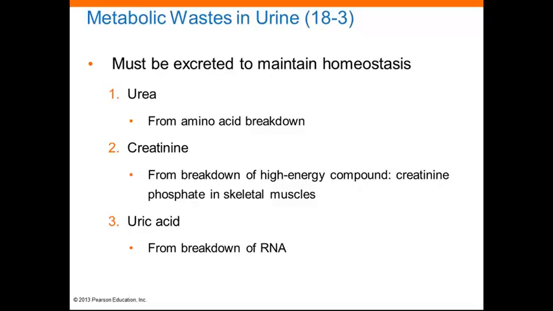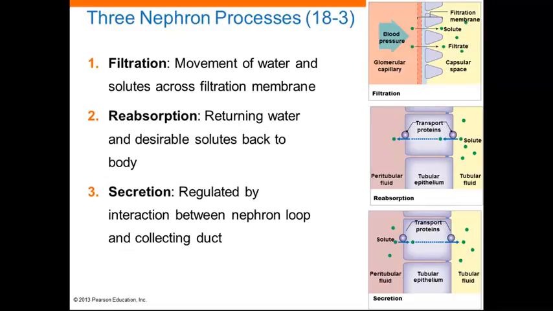So the kidneys produce urine that is 4 to 5 times more concentrated than normal body fluids in 3 ways: by filtration, reabsorption, and secretion. Filtration is the movement of water and solutes across a filtration membrane, and this occurs exclusively in the renal corpuscle.